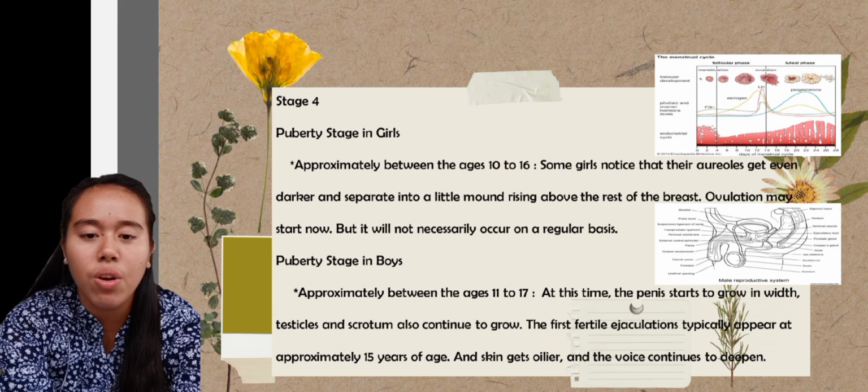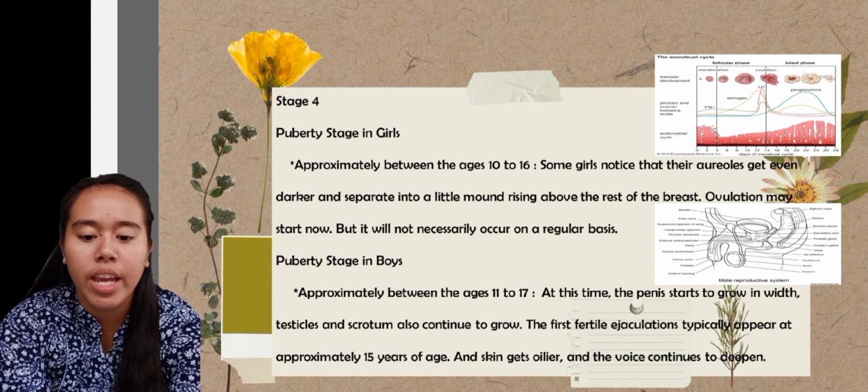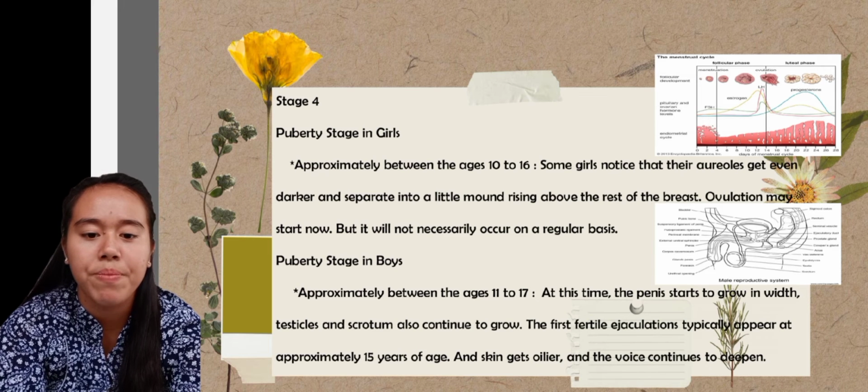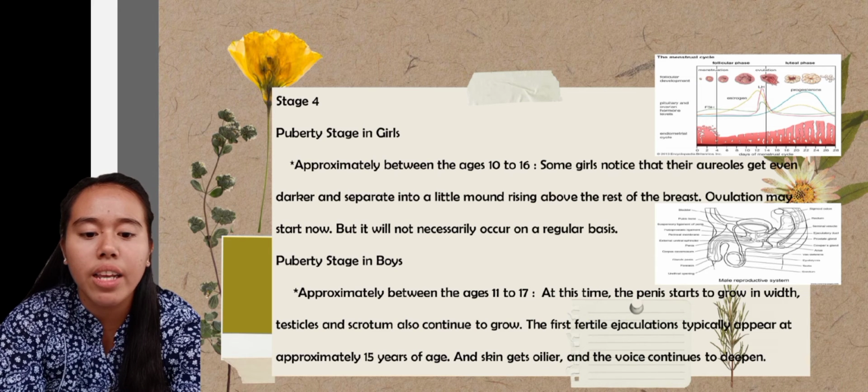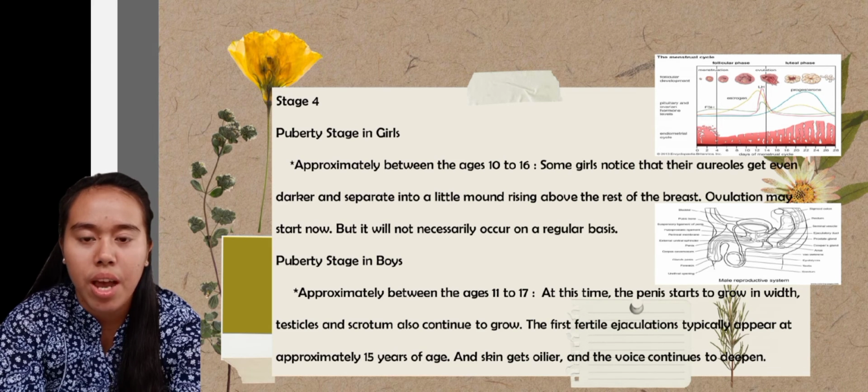The texture of the penis becomes more adult-looking, and the underarm and facial hair increases as well. The first fertile ejaculations typically appear at approximately 15 years of age, but this age can vary widely across individuals. And lastly, skin gets oilier and the voice continues to deepen.